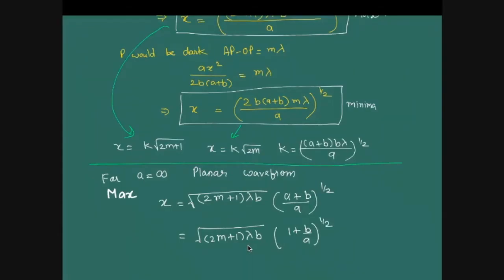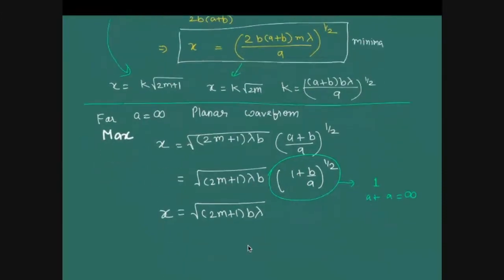So now if my a equals infinity, in that case, this term will simply go out, and this would simply become 1 because at a equals infinity. So we will be left with our standard equation, which is root of 2m plus 1 b lambda, which is x.